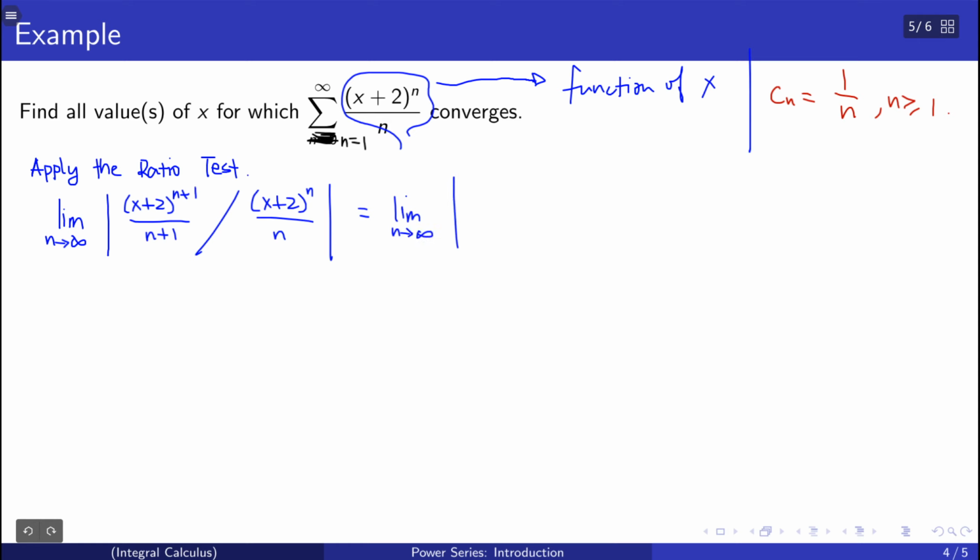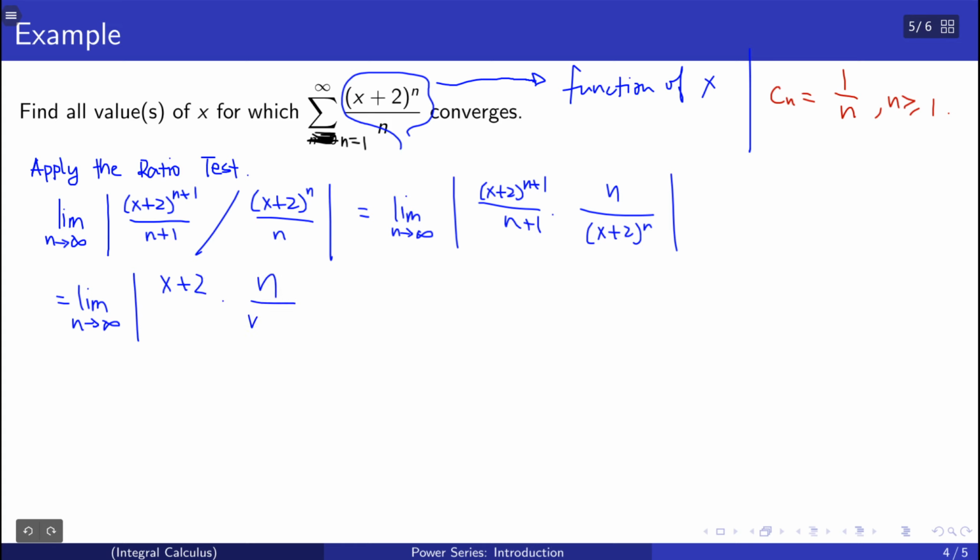I'm multiplying by this now, and this is just the absolute value of x + 2 times n over n + 1. Well, what do we do here?